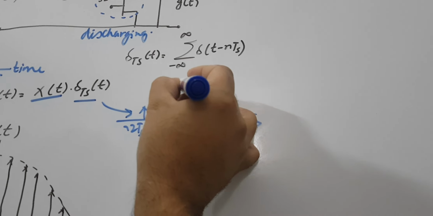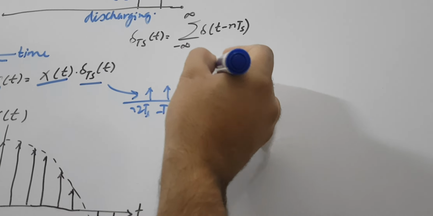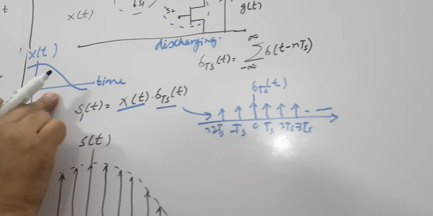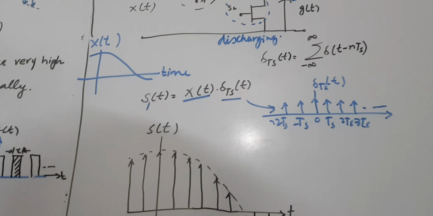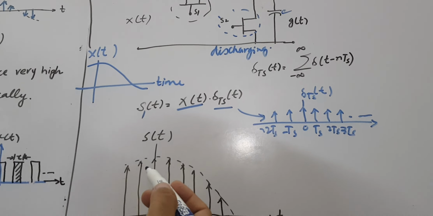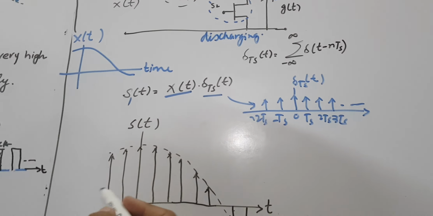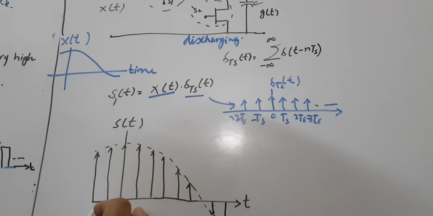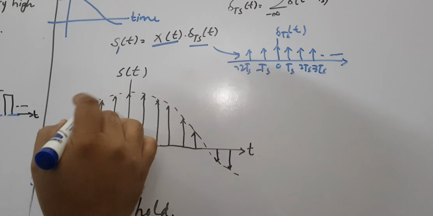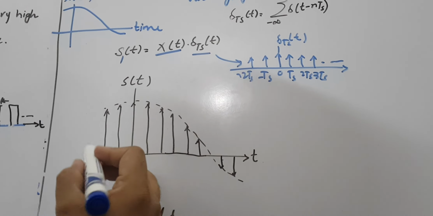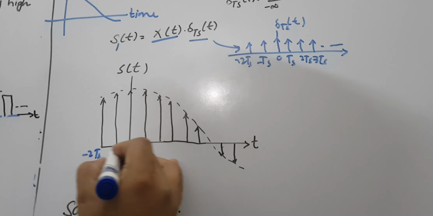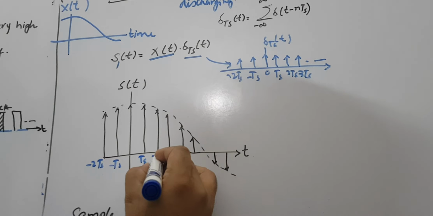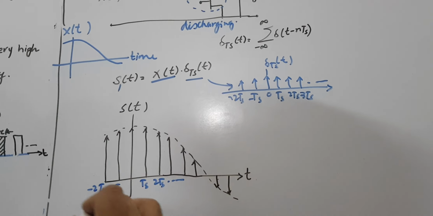So this is delta_Ts(t). When you multiply x(t) with the pulse train, you get s(t), meaning you get samples. So these are the samples that you are getting, like the trajectory of the signal, with samples at the particular points minus 2Ts, Ts, 2Ts, and so on.